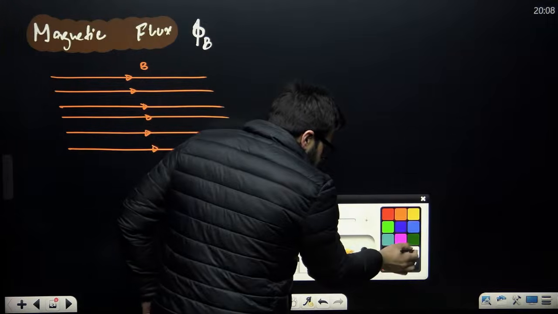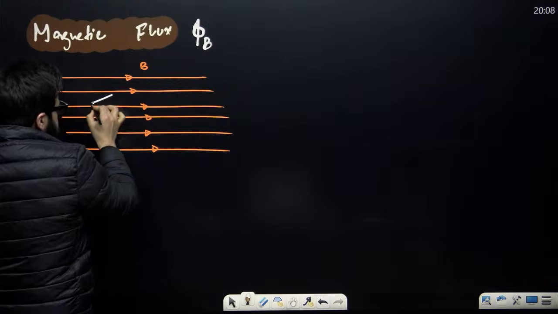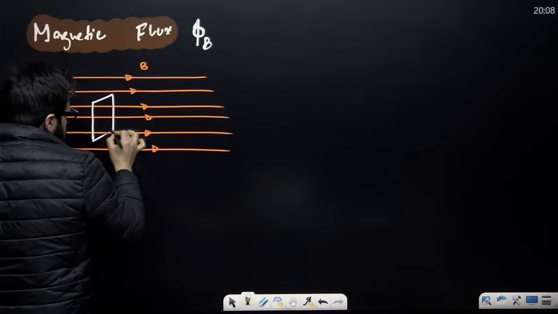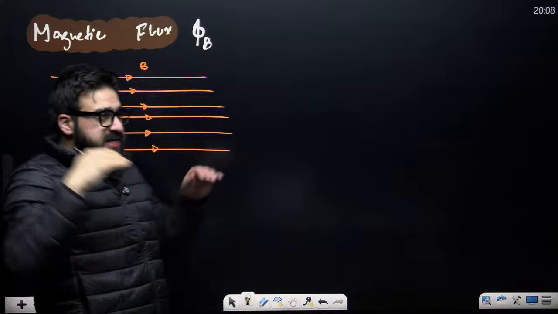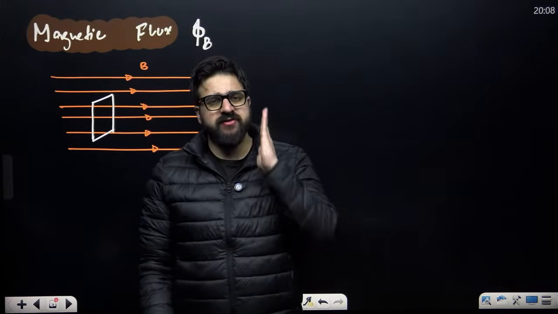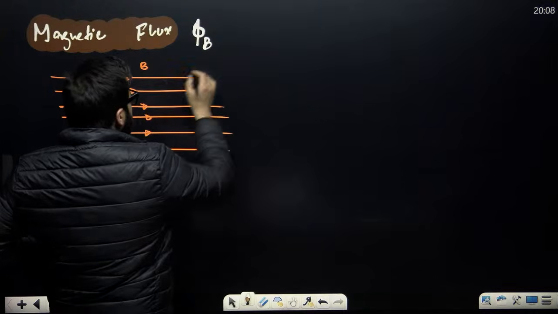And I am placing a sheet over here, in front of the magnetic field lines. Let's place one more sheet.